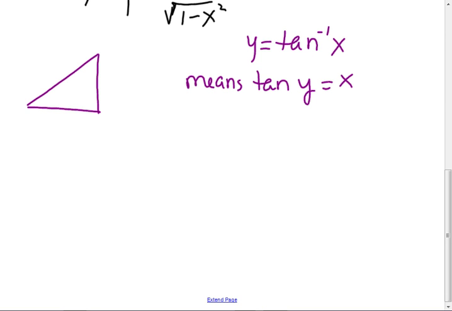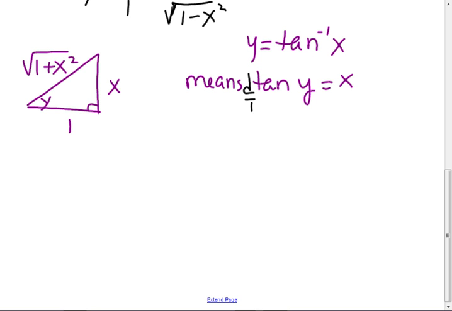So my angle is y. If the tangent's x over 1, then this side is x. This side is 1. And how do I find that side? It's not that bad. There you go. Now we have to take the derivative.